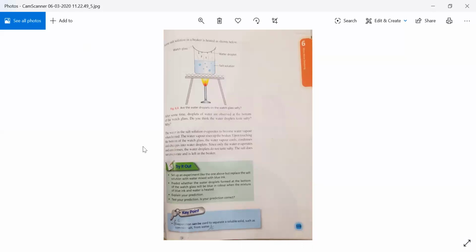So we have read that evaporation can be used to separate a soluble solid such as common salt from water.